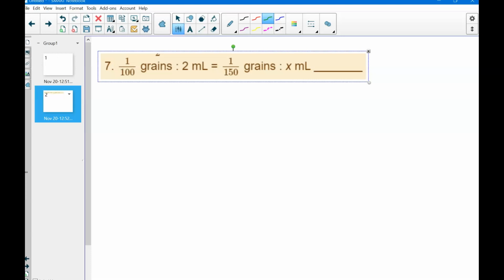This will be very similar to the one we were just talking about. So it's going to look like this. It's going to be 100, question in the textbook.